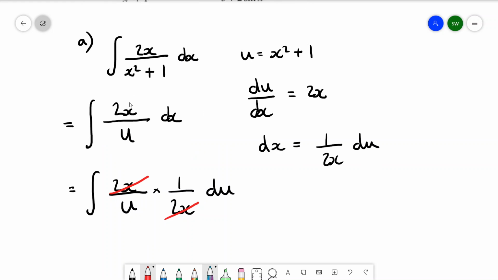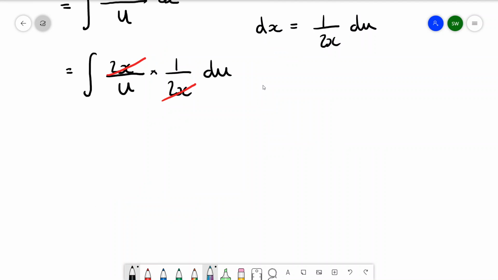So the key thing that I realised is if I let u be x squared plus 1, when I differentiate that, I'm going to divide by 2x, which is going to cancel that 2x up there. So I knew that I needed to let u be x squared plus 1 because its derivative was going to cancel. So now that we've cancelled the 2x's, we just end up with the integral of 1 over u du, which we know is natural log of u.